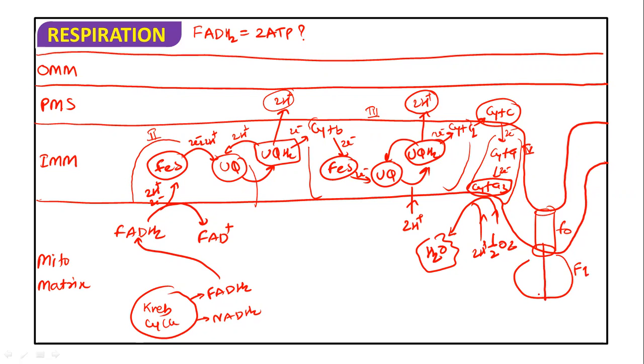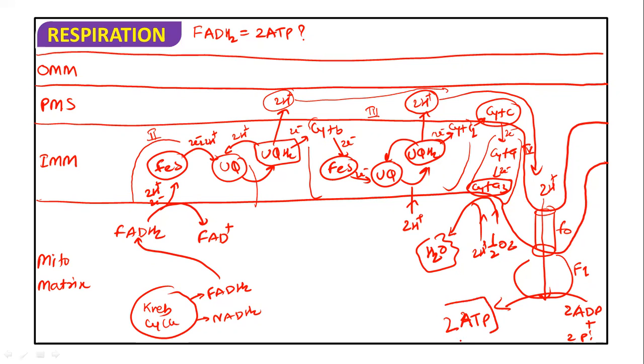As one pair comes back, one ATP is synthesized. But if two pairs are there, these two pairs come back to the mitochondrial matrix through F0, and then F1 carries out the synthesis of 2 ATP. Because of this, we say FADH2 is equal to 2 ATP.